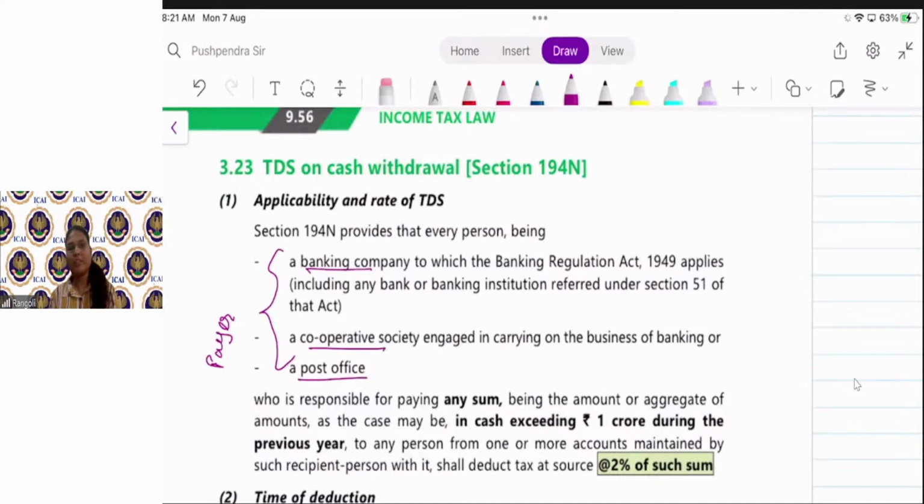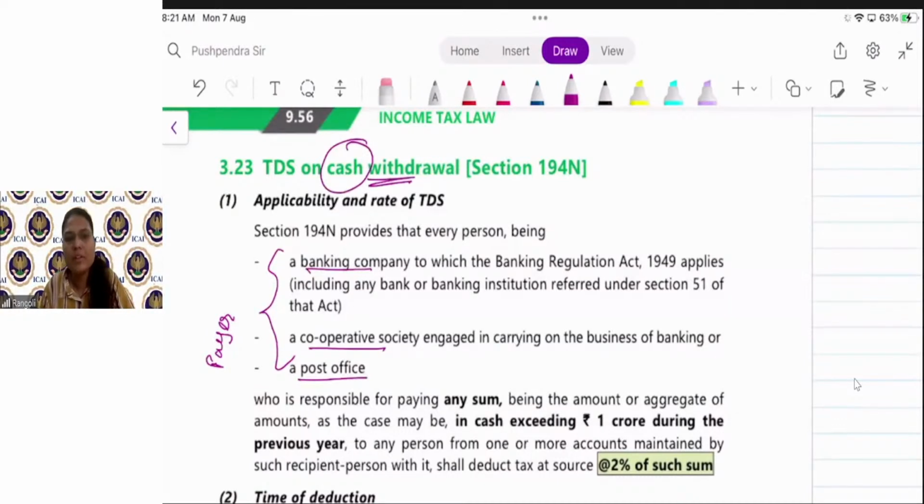It is for cash withdrawal, not direct payment. If you are making payment directly from your account, or giving a check to someone, then this provision is not applicable.